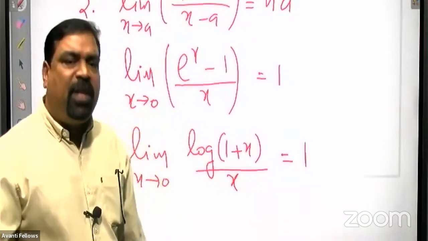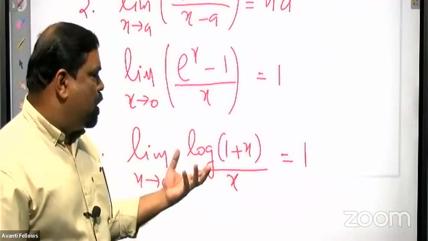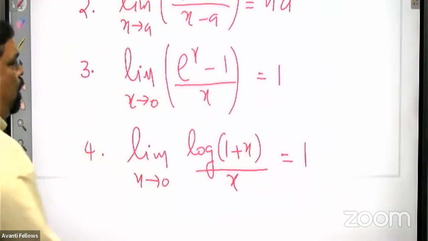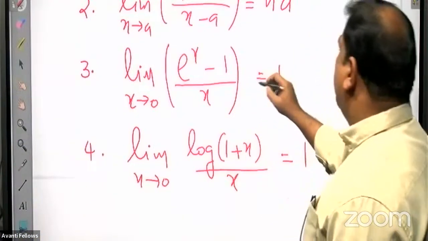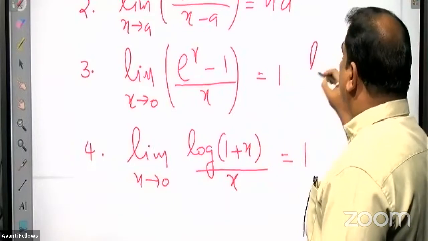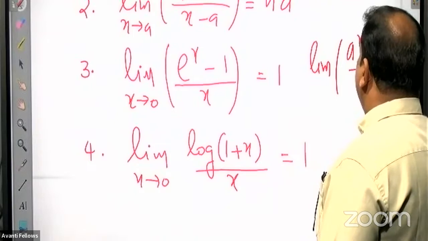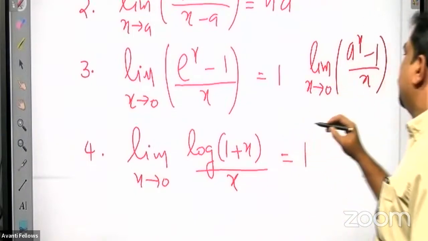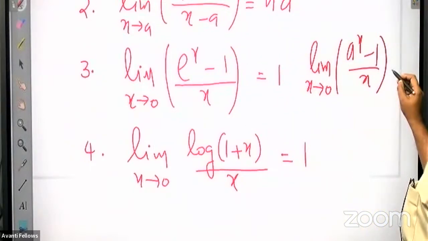To deal with the continuity problems, you should learn all these formulas by heart, and these are required afterwards also. And this is a particular case of another formula. We have a general formula: limit of a raised to x minus 1 divided by x, as x tends to 0. In place of e, there is another constant, generally a.